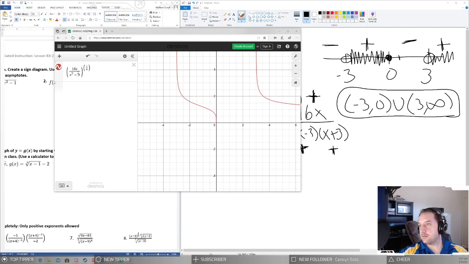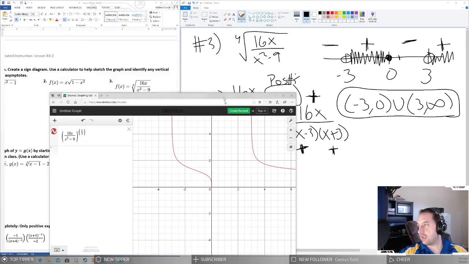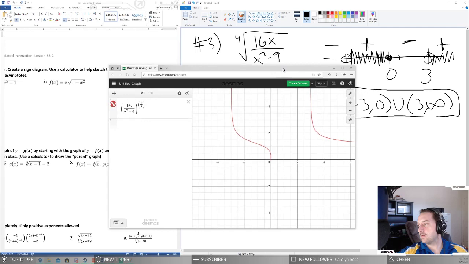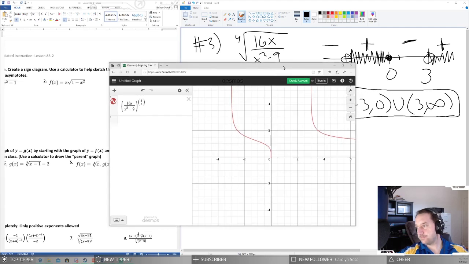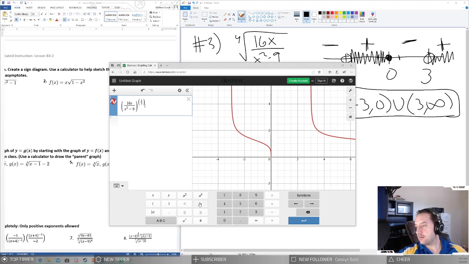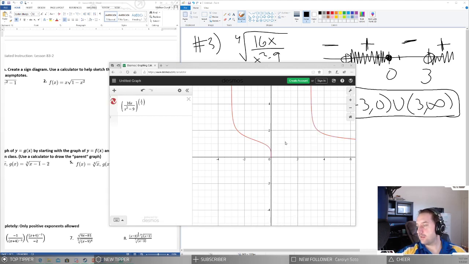Instead of just doing a fourth root, I did it to the 1/4 power. It's just easier to do that because there may not necessarily be a root button. Looking at the different functions, it doesn't seem like there's any values for us to be able to do that. So that's why it just took the function to the 4th power.